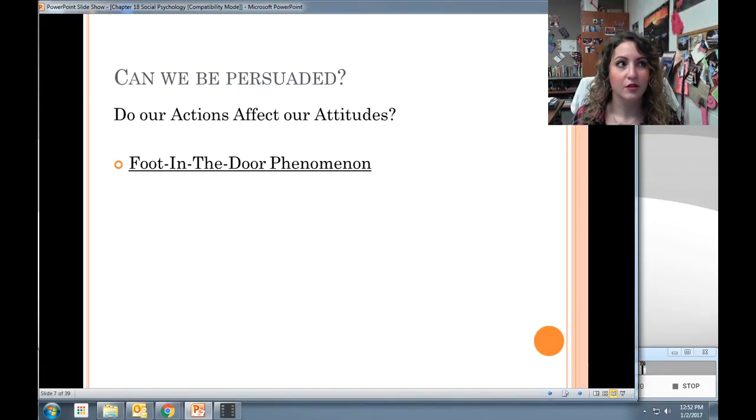You're going to say something small. Hey, can I borrow like $3? Because who's going to say no to $3? And once they agree to that, they're more likely to comply and say yes to larger requests later. So you start with something small, and then you work your way up to something big.